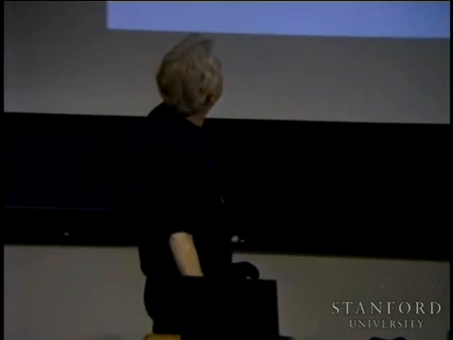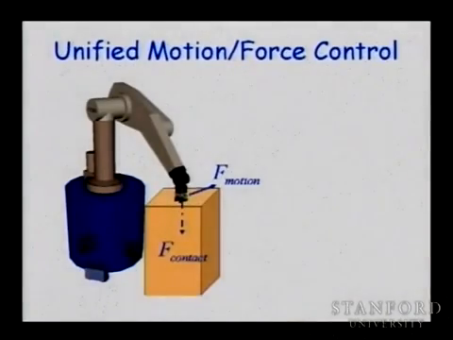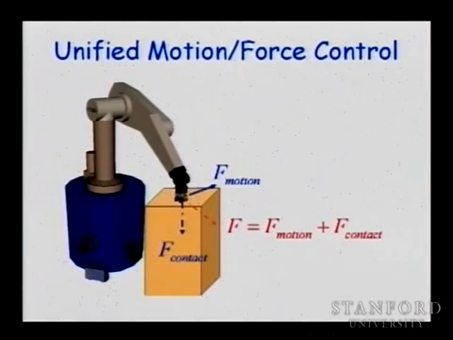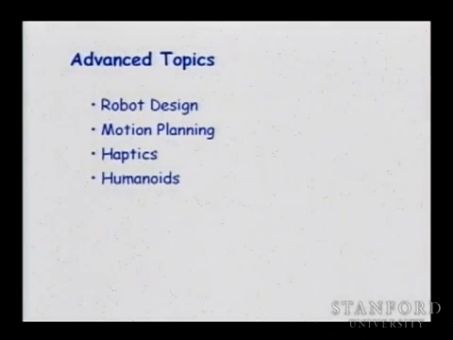So we need to deal with force control, and we need to stabilize the transition from free space to contact space. That is, we need to be able to control these contact forces while moving. And what is nice, if you do this in the Cartesian space or in the task space, you will be able to just merge the two forces together to control the robot directly to produce motion and contact.